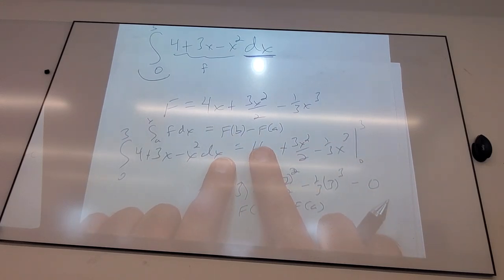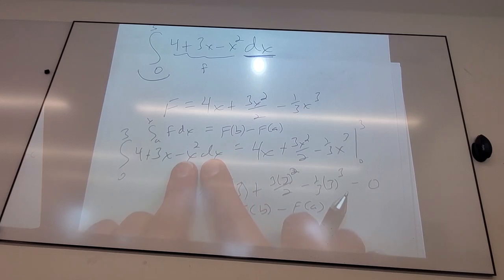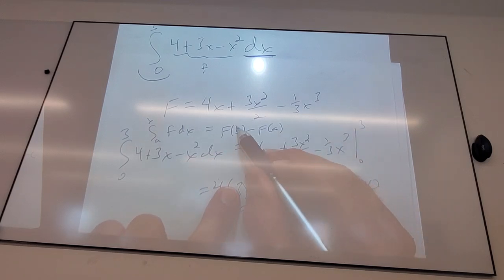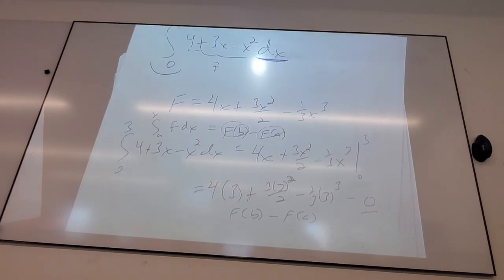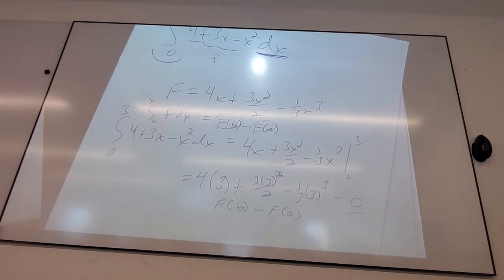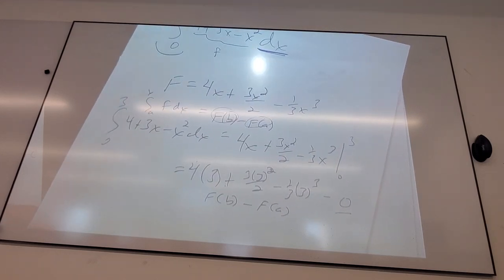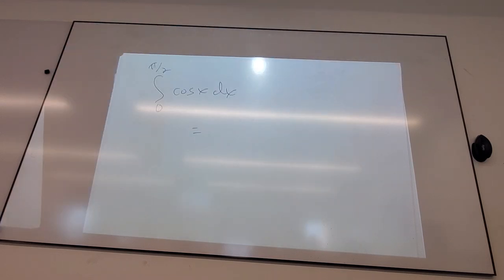So we get the antiderivative, and then I put the limits in: F of 3 minus F of 0. Oh, okay. So we break it down into 2 steps. Figure out the antiderivative, figure out big F, and then plug the 2 limits in and subtract them. That's almost too nice to believe.